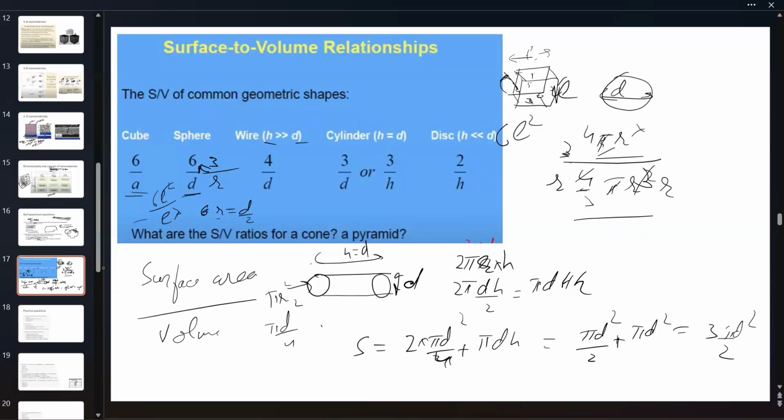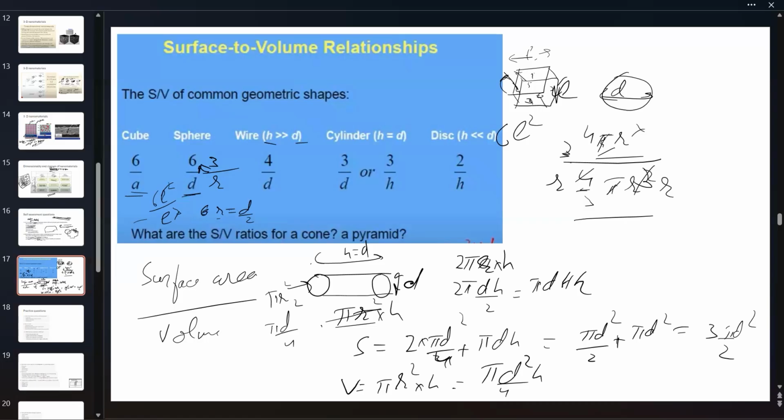Volume is pi r square into h, which is pi d square over 4.